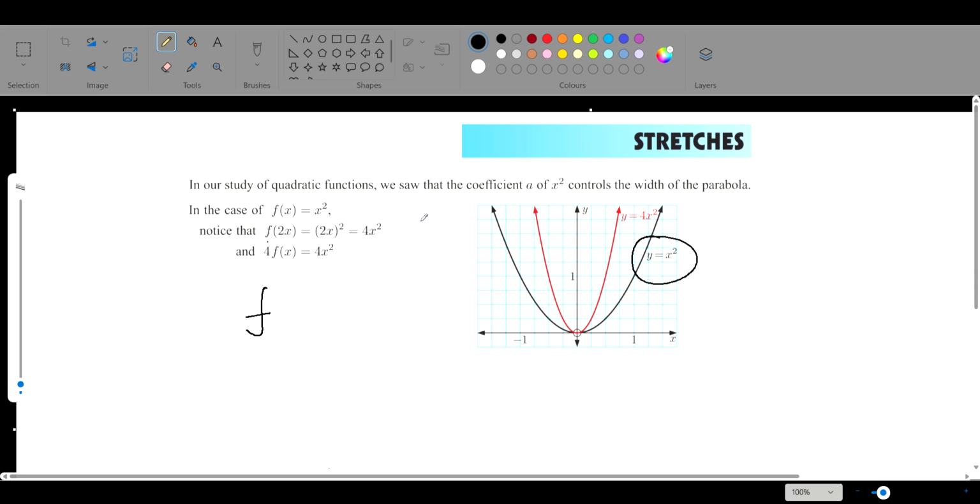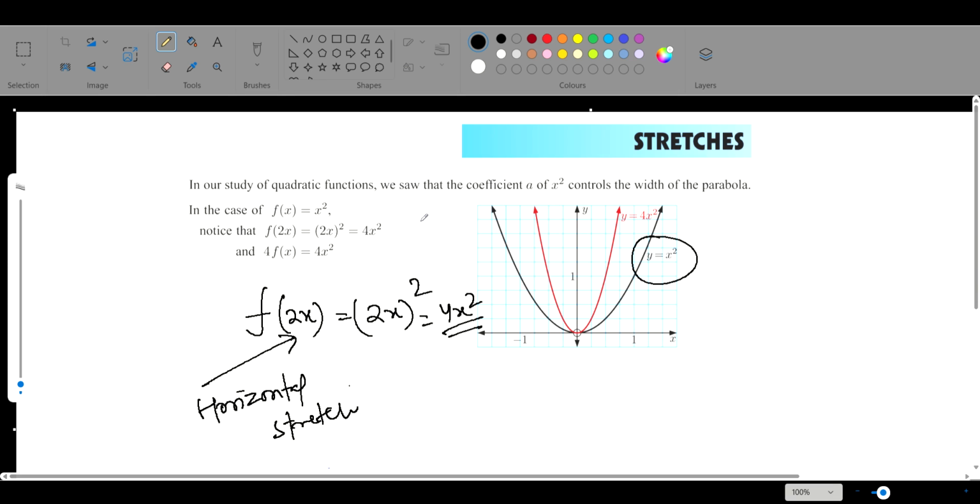You multiply x with 2, inside the bracket. If you multiply x with 2 inside, it actually becomes (2x) squared. So it becomes 2 times 2 and x times x, which is 4x square. So this tells you that you did a horizontal stretch.